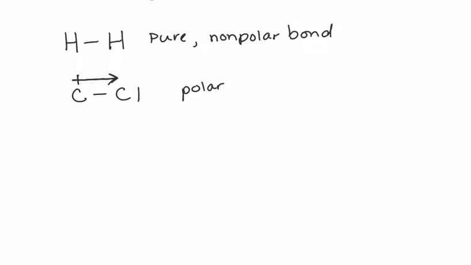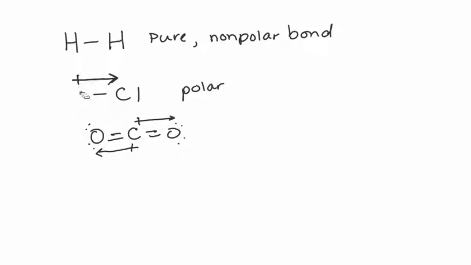When we have a molecule like carbon dioxide, which is drawn out like this, carbon and oxygen do not share these electrons equally. Oxygen will pull those electrons a little further away from carbon and towards itself. Now, we show that with these dipole moments.